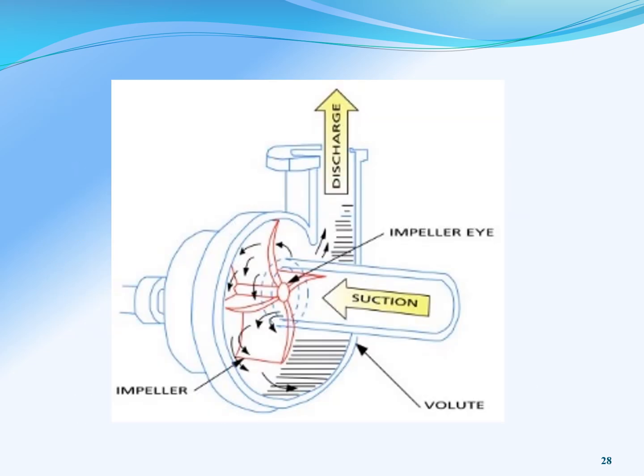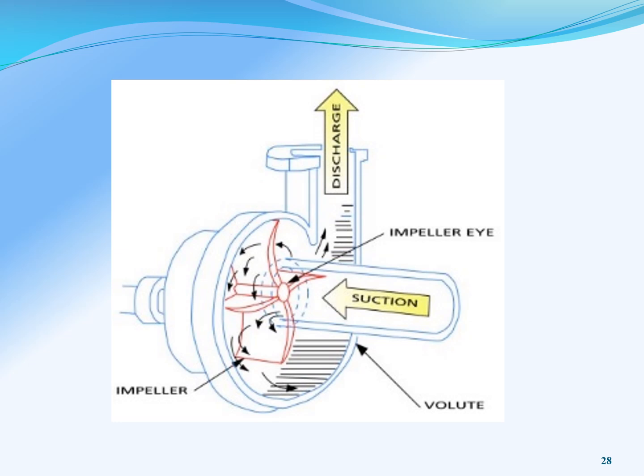And this is the schematic that we looked at earlier. But based on what we've talked about, now you can see how water is pulled into this eye of the impeller. You've got the vanes here of this impeller that are discharging that water into the volute and then discharged out into the system.